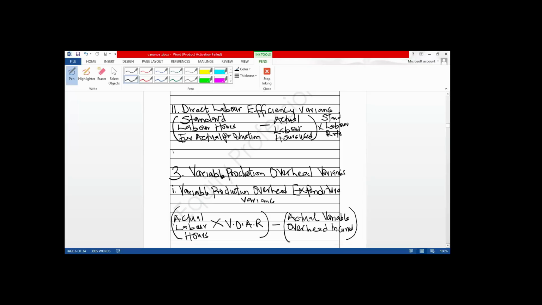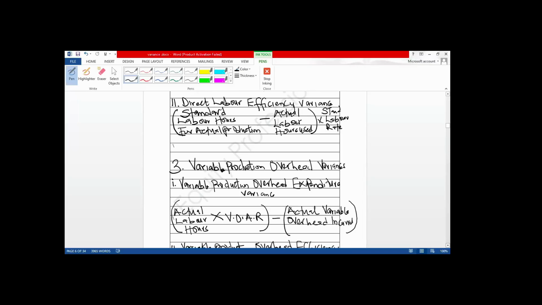Number 3, variable production overhead variance. Your actual variable overhead is different from your budgeted variable overhead.